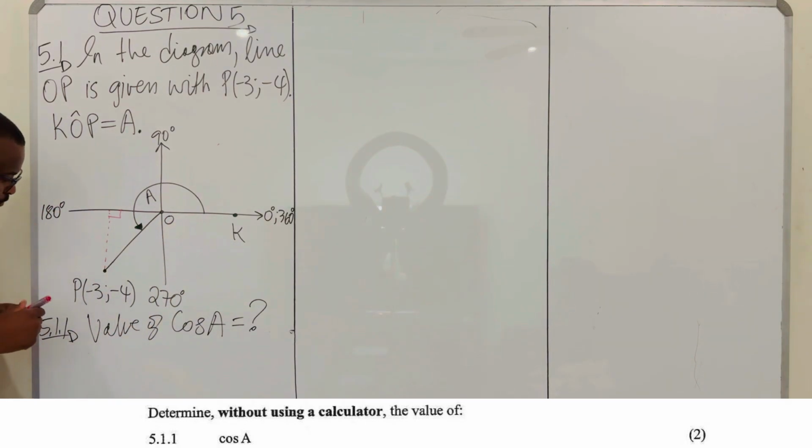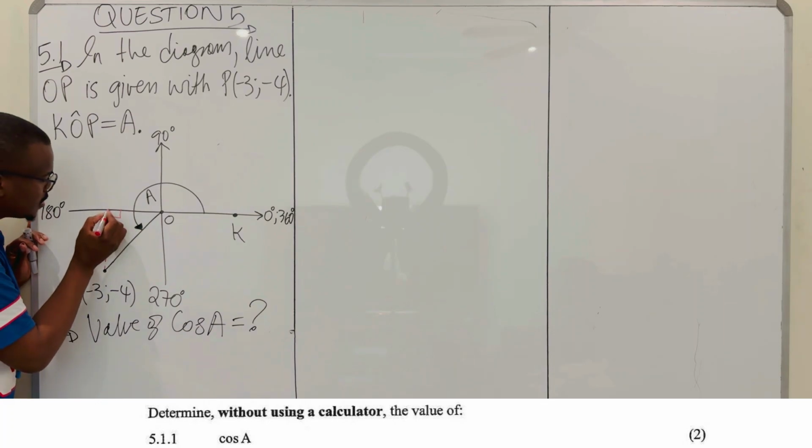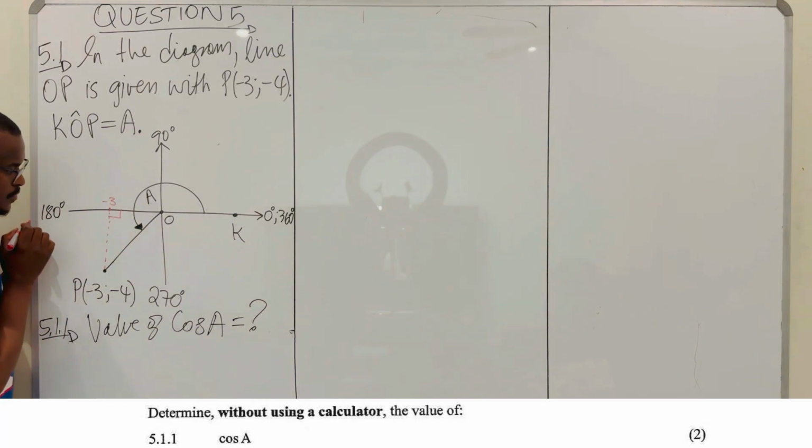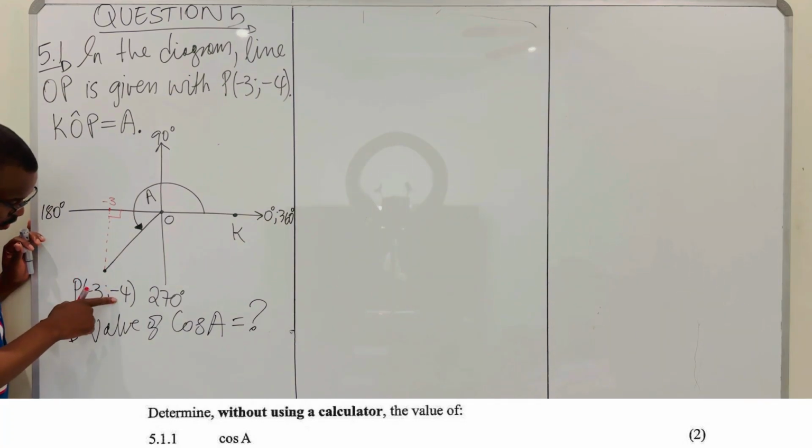Once you do this, you need to understand that this is the x coordinate, and it's -3. So the x coordinate of this point is -3. And the y coordinate is what? It's -4.